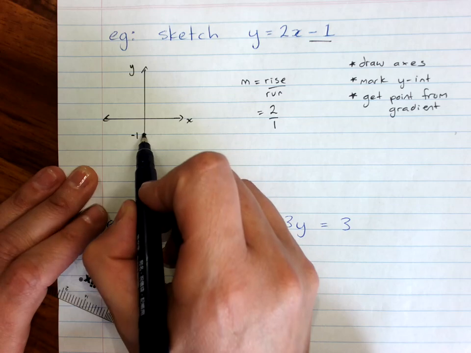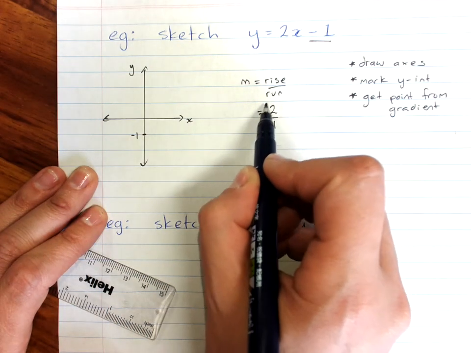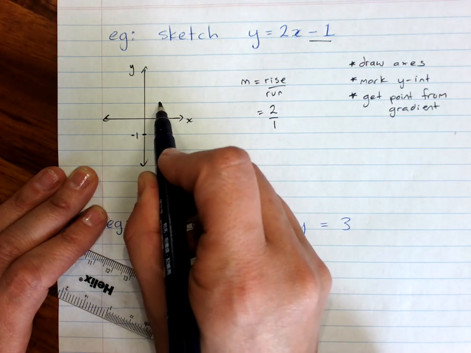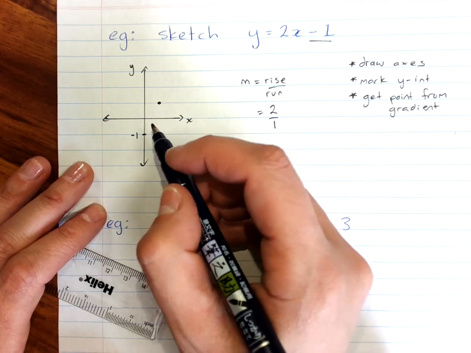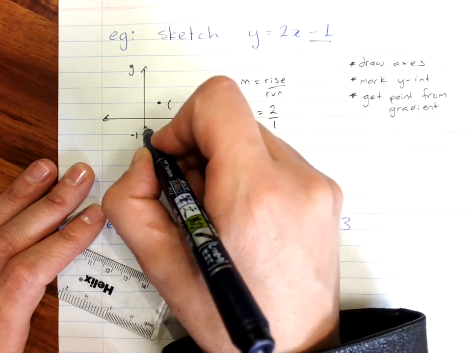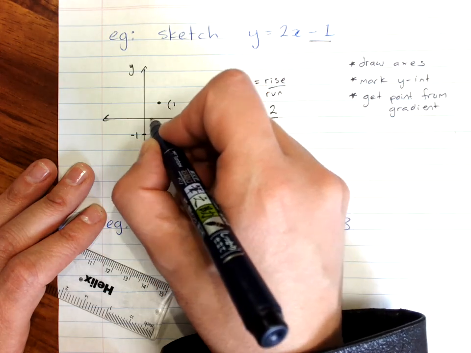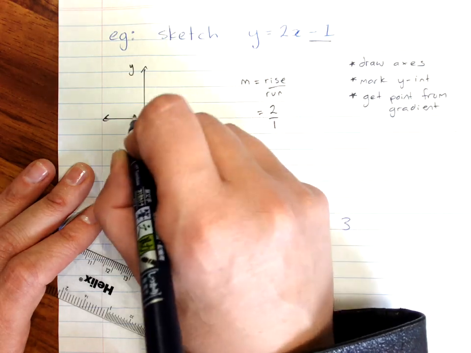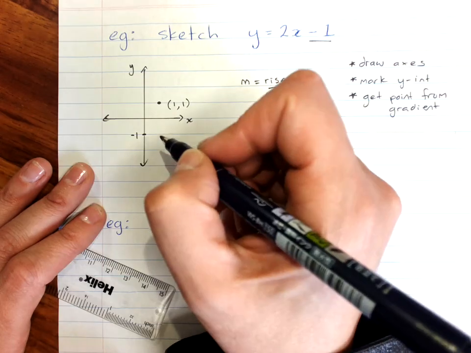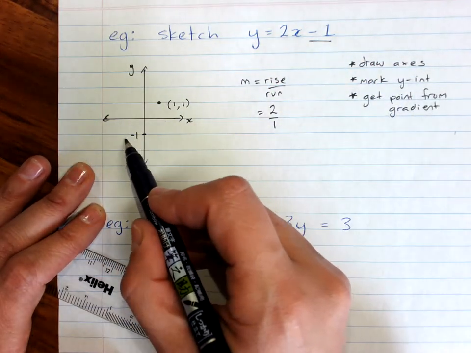So from the point here, 0, negative 1, follow the rise of the gradient, up 2, across 1, and you can work out what that point is. X would be 1 always, because we've just gone across 1 from the y-intercept, and y is 1 because we went up 2.